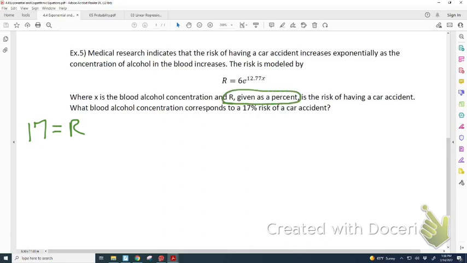That means do not move the decimal of the percent. Keep in percent form. And that means we just need to find x. So let's plug in 17.